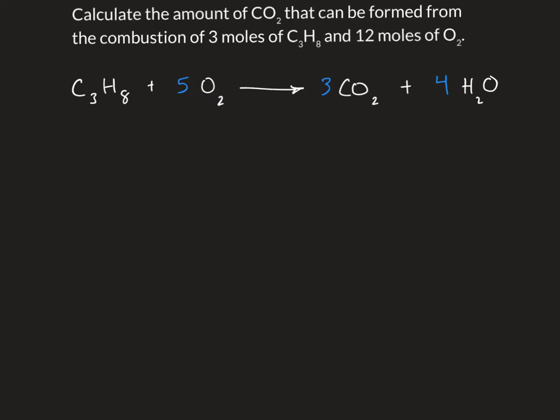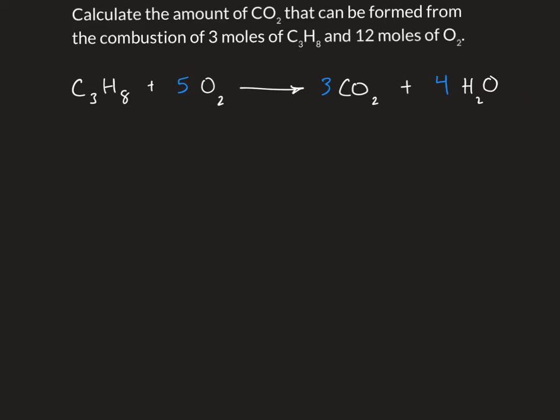Here's our first example problem, and just as a reminder, I'm going to show you guys the 2 ways that we can solve this problem. The problem says to calculate the amount of CO2 that can be formed from the combustion of 3 moles of propane and 12 moles of oxygen. This is a combustion reaction. As always, we form the compounds CO2 and water.